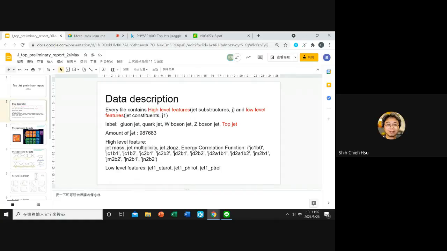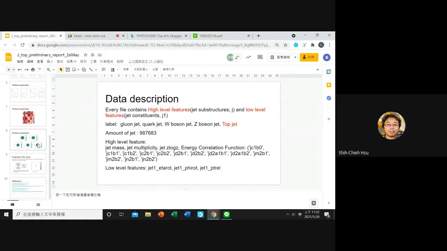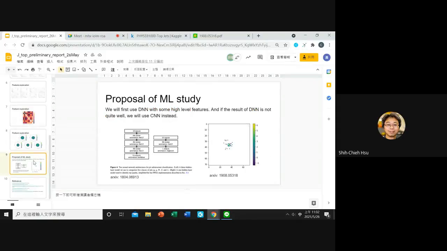Okay, so it's a five-class classifier, not just one. Yes. I'm confused because when you say you just want to identify top, but you actually want to identify all the five, right? Oh yeah, maybe I spoke wrong.